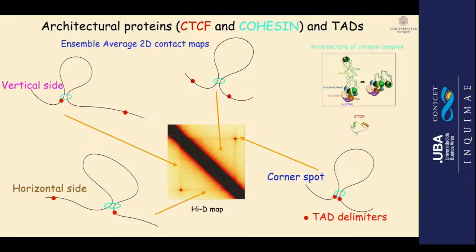But crucially, these features only emerge after averaging over many cells. This raises an important point. TADs are statistical domains, not fixed structures. They reflect a weak organizational influence, not a deterministic folding blueprint.